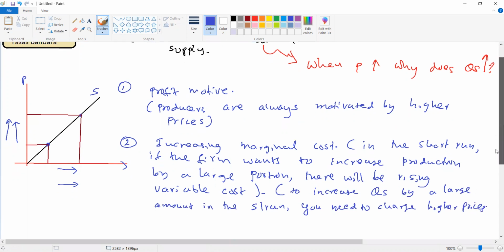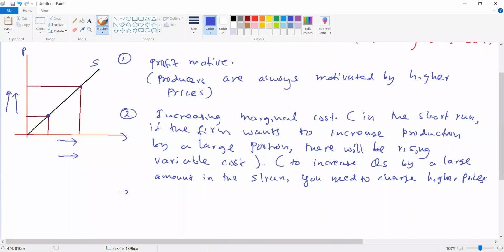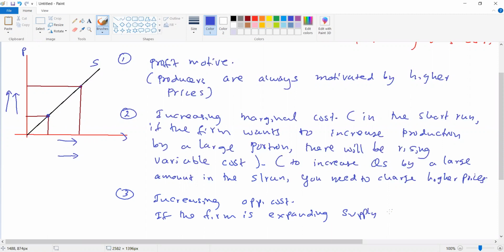Well, we can go to another reason, something similar to the third one, increasing opportunity cost. Now, if the firm is expanding supply by using resources obtained from another industry, then what happens?